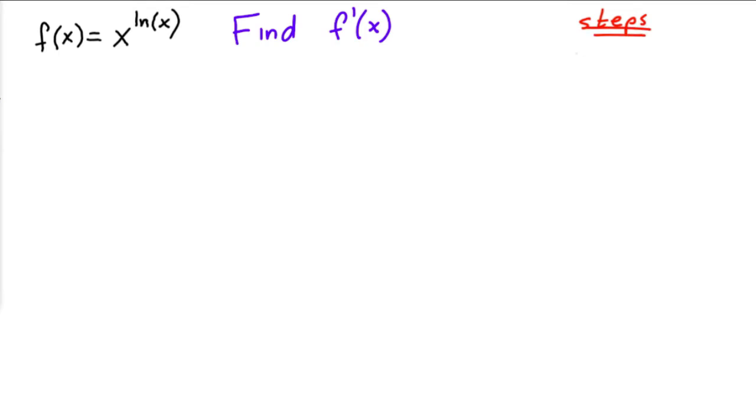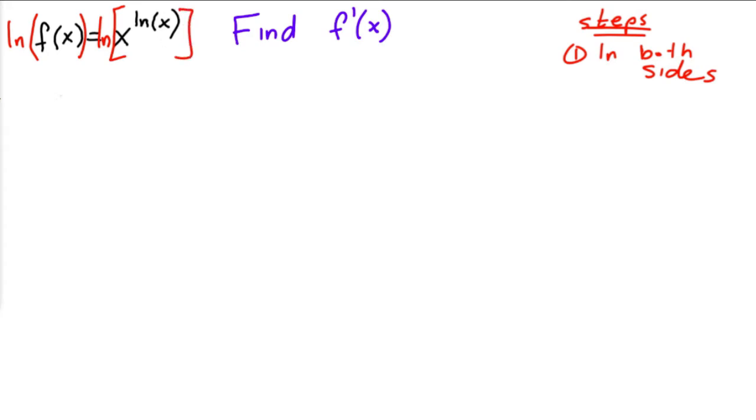for using logarithmic differentiation. The first is to get the log of both sides. Okay, so get the log of the left side and the log of the right side. So it's okay that there's another log there.